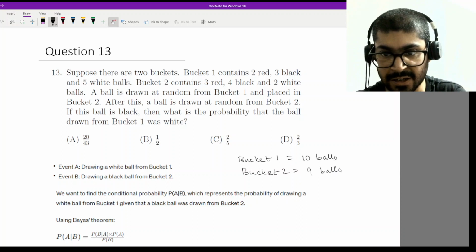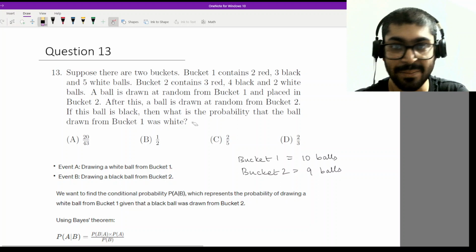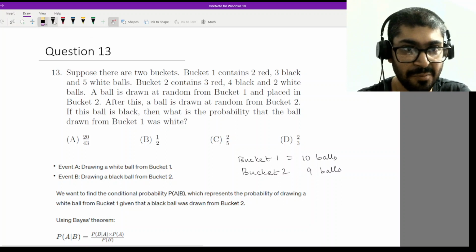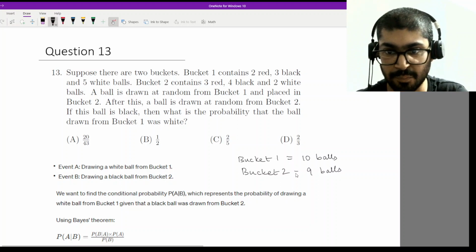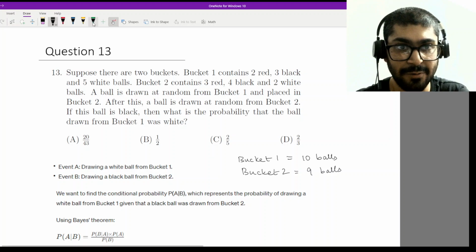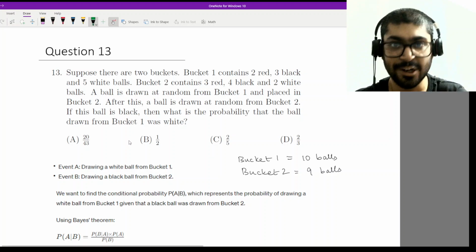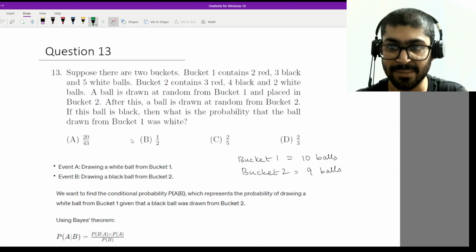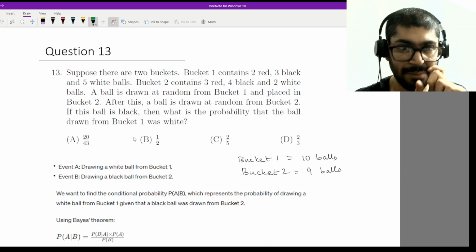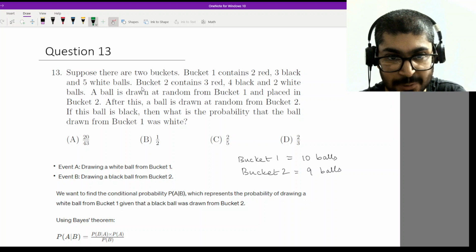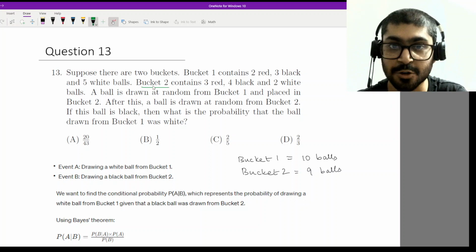Alright, remember this. Now, why do you need to remember this? Because we are going to be transferring balls from one bucket to the other, so you have to keep the total number of balls in the denominator while calculating the probabilities of each event. Now, please be very careful that this word is bucket 2.